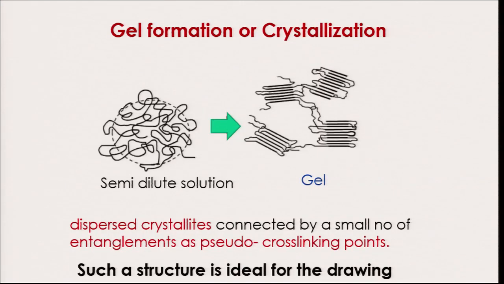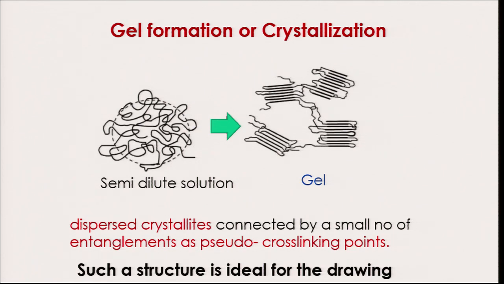You all must be wondering, I have been using the word gel, gel, gel, and I guess you all know gel means what? Gel means a cross-link structure. So, here when I am saying gel, gel basically means the crystallites which are physically entangled and connected.